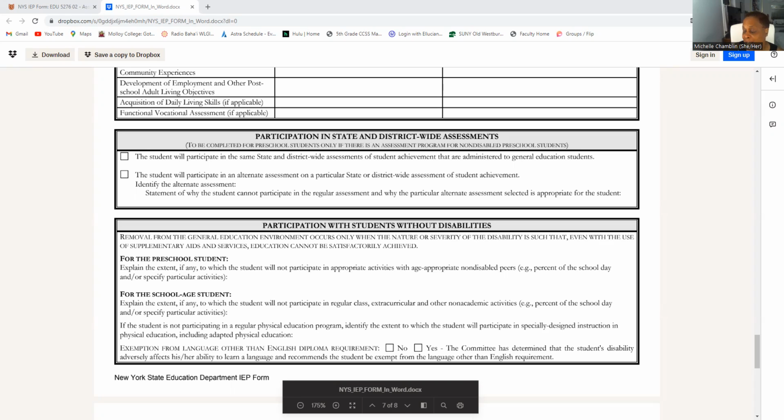We saw that she has counseling. So this is the goal that is related to that. And then here, when we look at the reading, the writing, and the math, those are core areas that are across content areas. And so were her goals that would be addressed in various content areas.